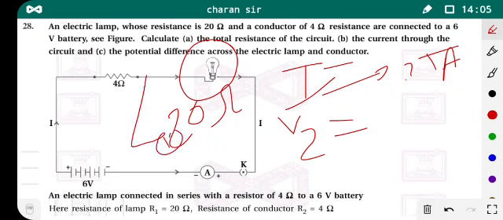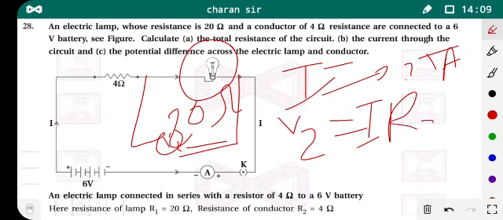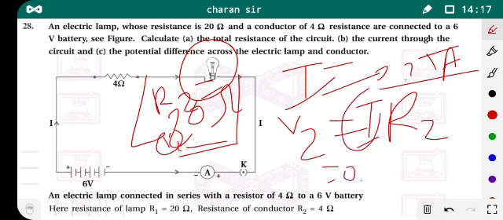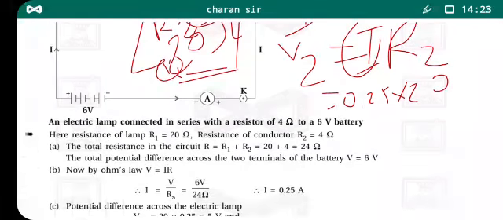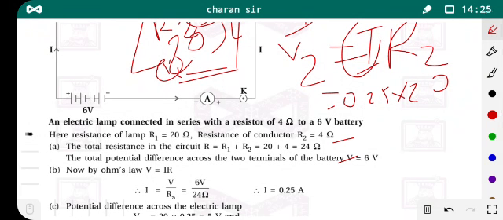By Ohm's law V2 is equal to I R2, the resistance of the electric bulb being denoted by R2. The current is fixed, 0.25, and R2 is 20 ohms. So you get the value of V2, the potential difference across the electric bulb, that is 5 volts. So this is your V2.